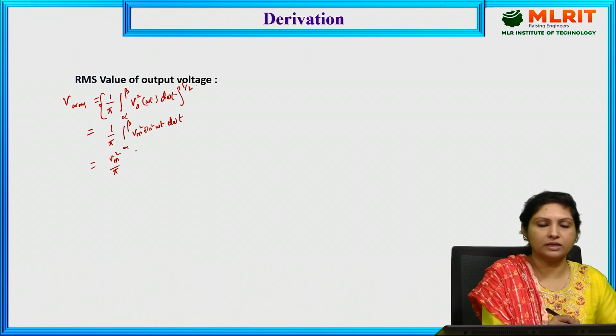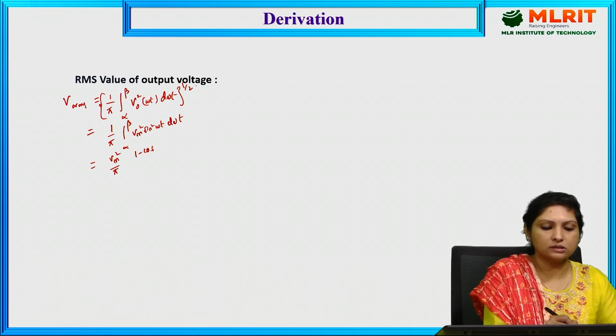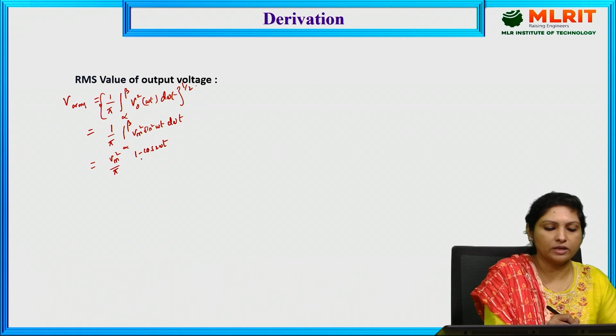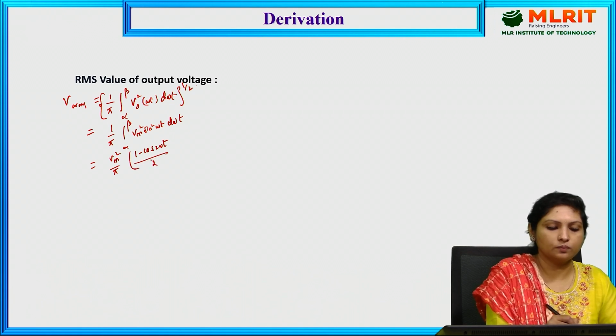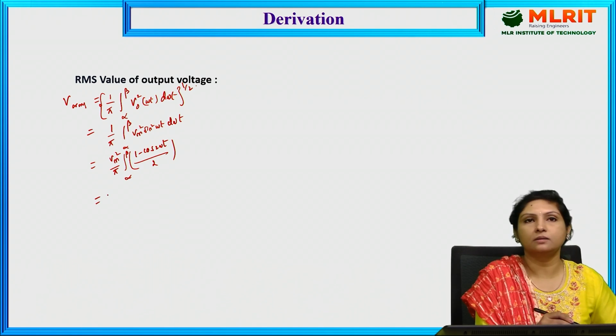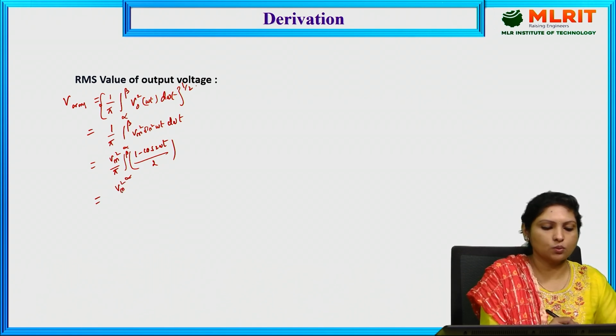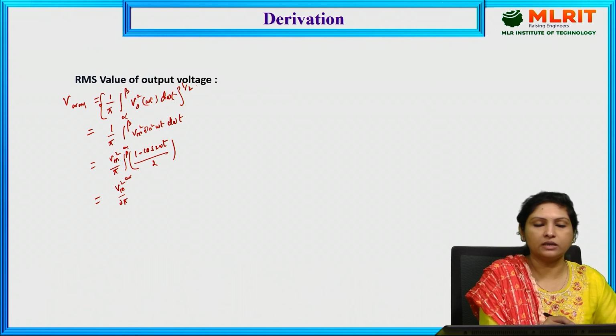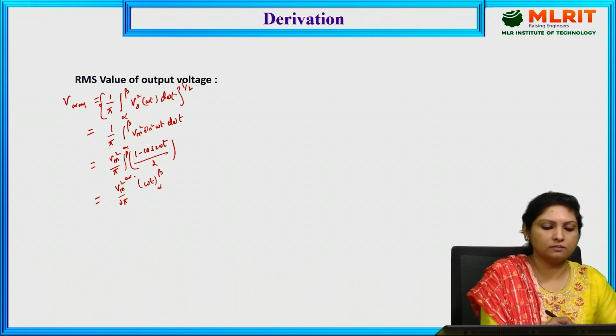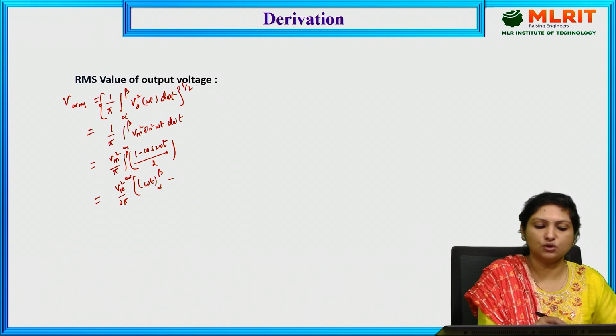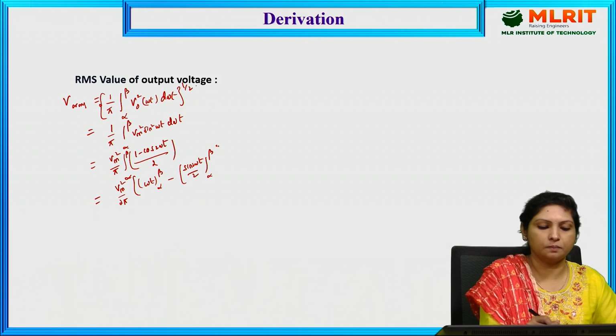And in order to integrate sine square, I am writing this in terms of (1 minus cos 2 omega t) by 2, integration from alpha to beta. Now I am bringing the denominator out, that is Vm square by 2 pi, and the integration of 1 is omega t within the limits alpha to beta, minus the integration of cos 2 omega t, which is sin 2 omega t by 2, within the limits alpha to beta.